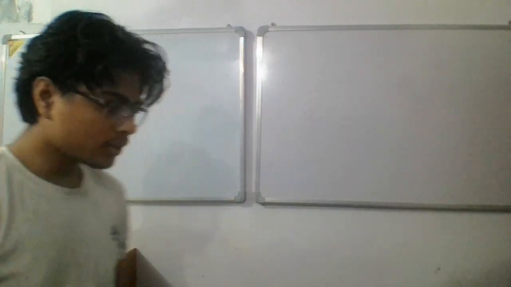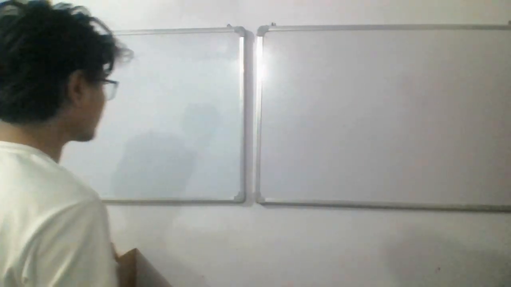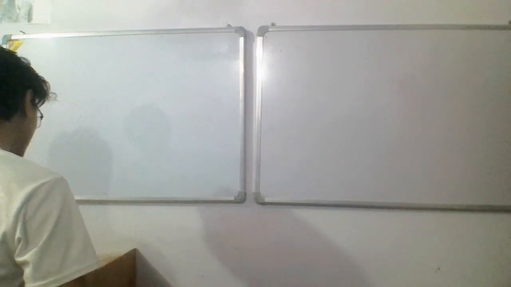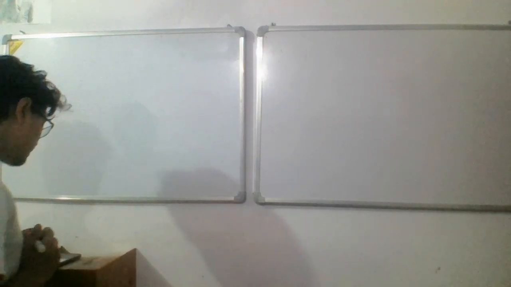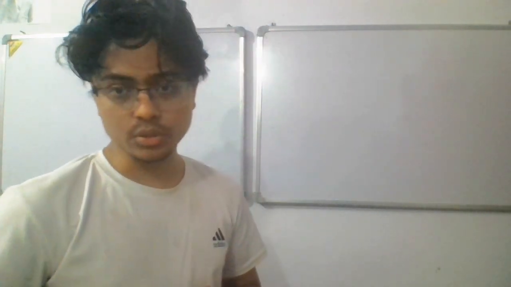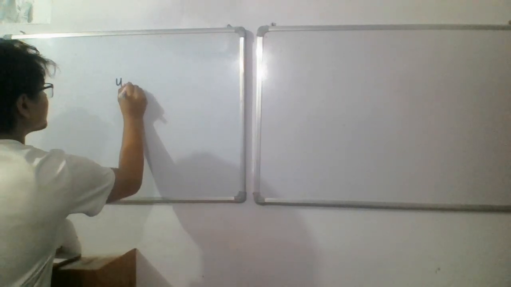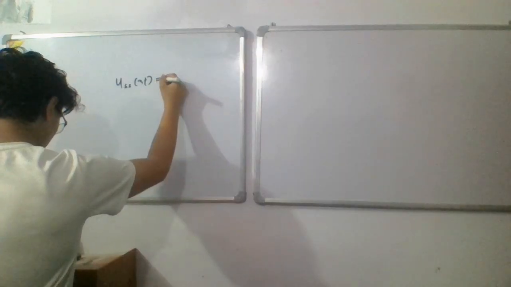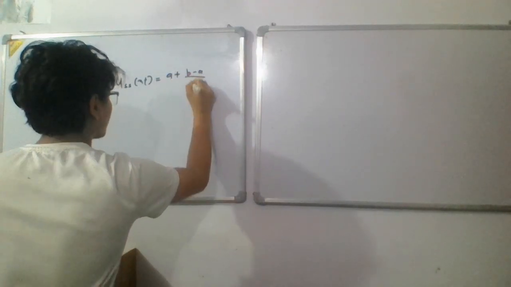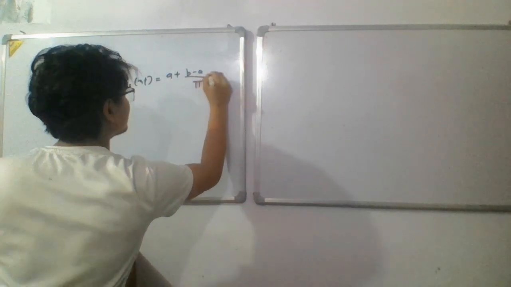Now, to understand this steady state solution, we need to understand the general overall idea of the solution itself. So what is the solution and how do we solve it? To solve the initial boundary value problem means to first solve the related homogeneous solution, and then the steady state solution, which is given by u_s of x,t equal to a plus (b minus a) by pi times x.